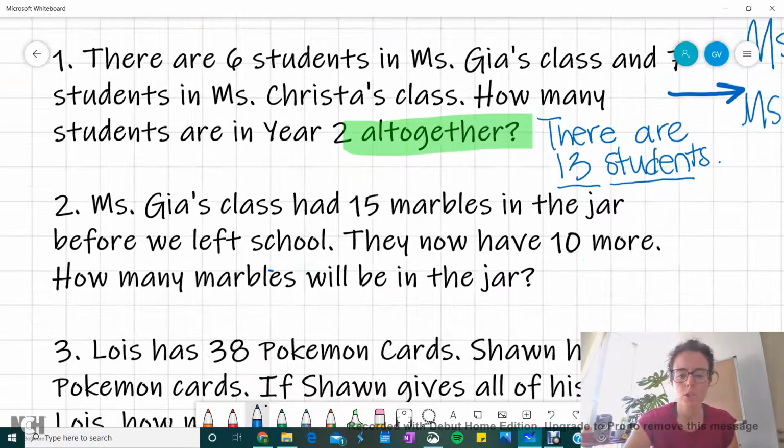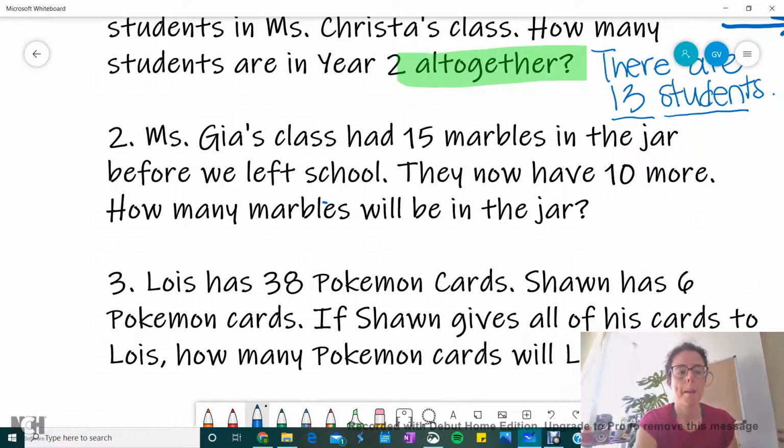Okay, let's look at number 2. Miss Gia's class had 15 marbles in the jar before we left school. They now have 10 more. How many marbles will be in the jar? Here is another important word for our additions.